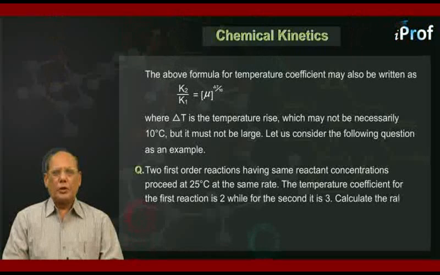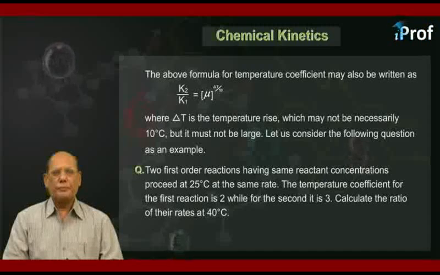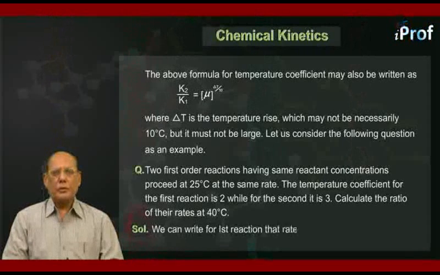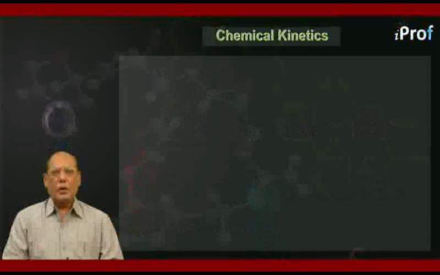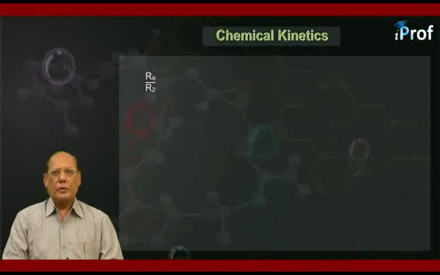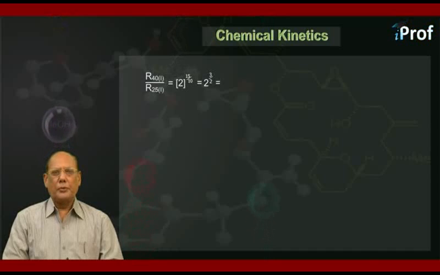Calculate the ratio of their rates at 40 degrees Celsius. The solution of this question is, we can write for the first reaction that R40 for first upon R25 for the first equal to 2 to the power 15 upon 10. That is 2 to the power 3 by 2, and that's equal to under root 8.